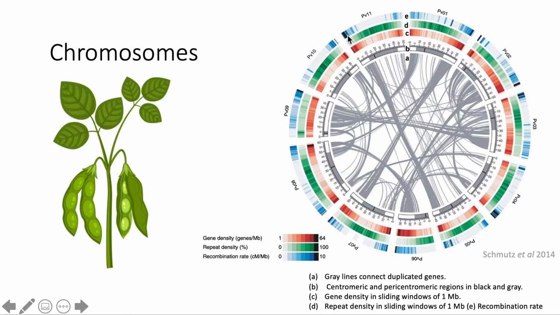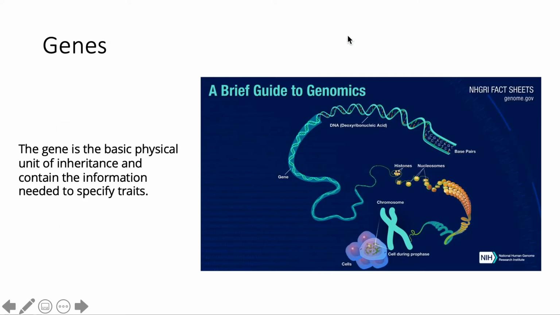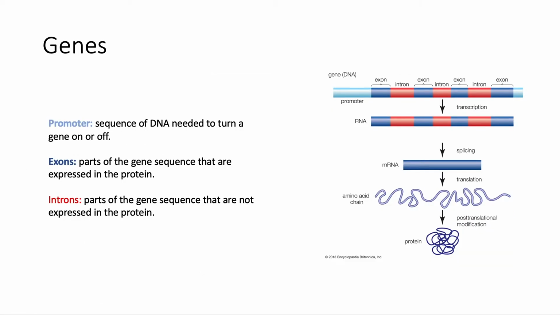So now that we mentioned genes: the gene is the unit of inheritance and basically contains the information that we can see in the phenotype or in the traits of interest. That is why we're interested in the genes, and this is the most common representation of a gene. The gene has a promoter region, and basically that promoter turns on or off the expression of the gene.